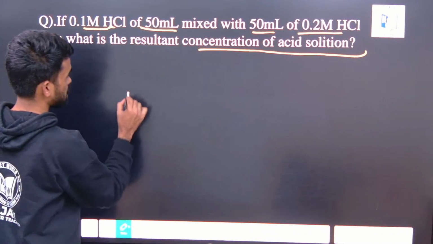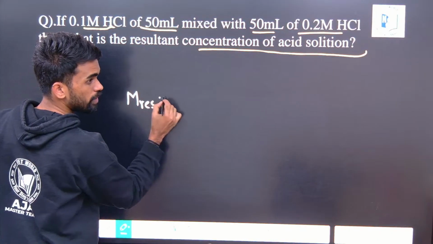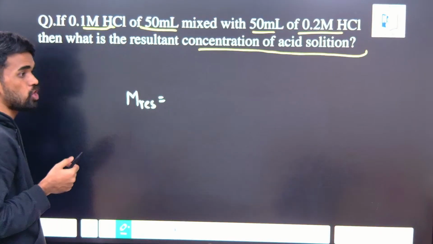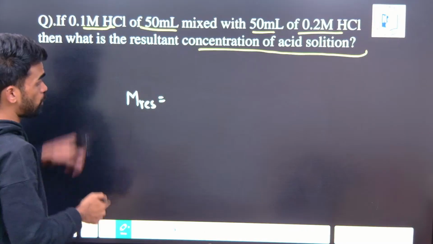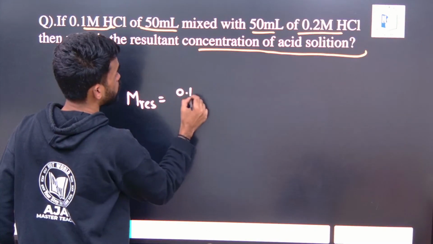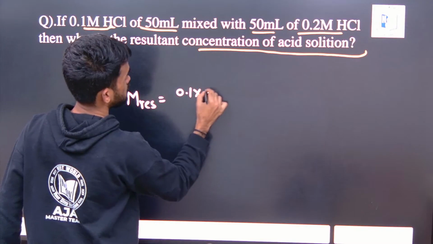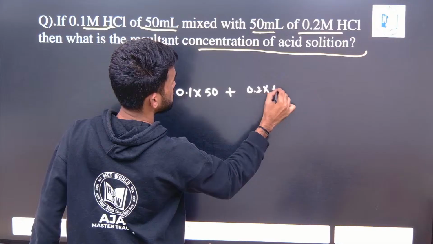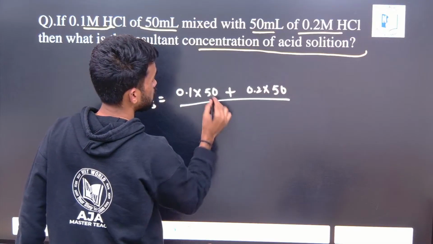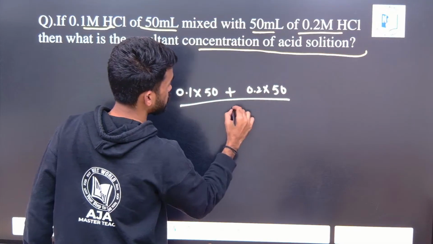So M resultant equals what should I say? Can anyone in the chat box answer this? M1 is 0.1, its volume is 50, plus M2 is 0.2 and V2 is also 50. So V1 plus V2 is 100.